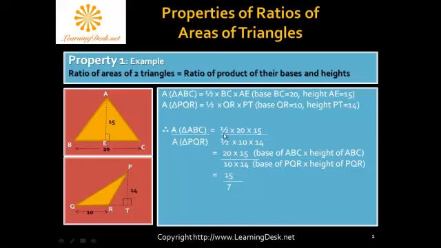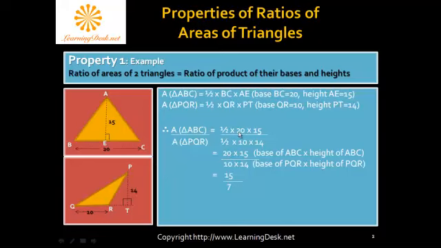So we calculate the area of ABC as half times the base of ABC, which is 20, multiplied by 15, which is the height of ABC. Similarly, triangle PQR, you have half multiplied by 10, which is the base QR of triangle PQR, and multiplied by 14, which is the height.